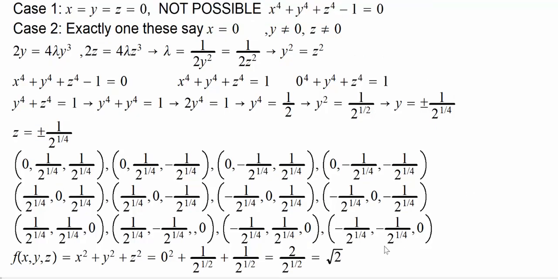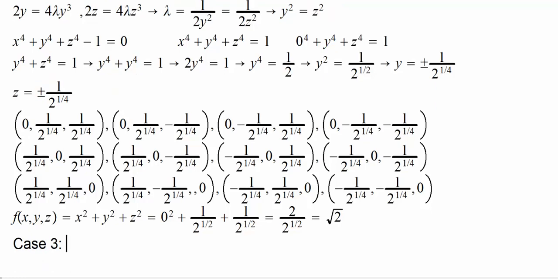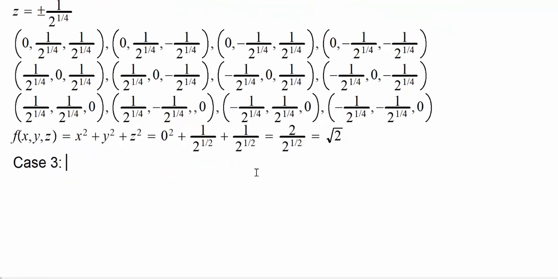So now let's just take case 3, where exactly 2 of x, y, and z are zeros.